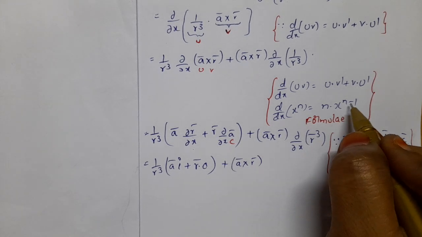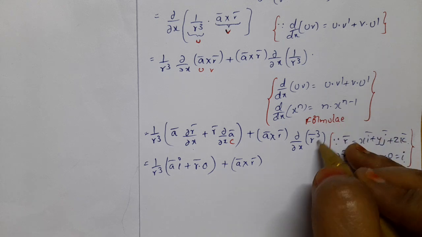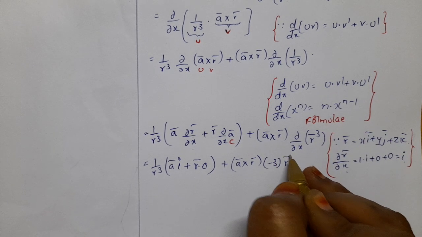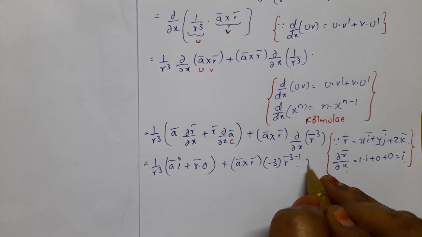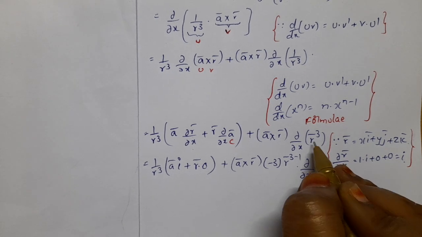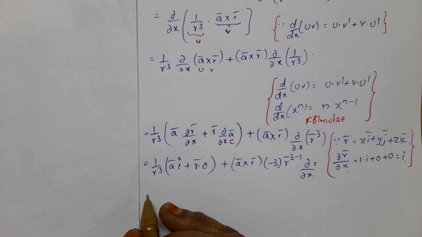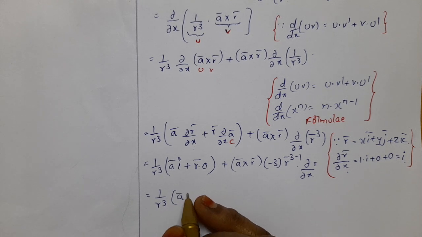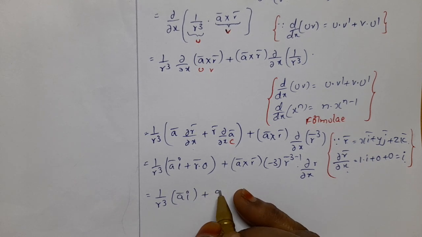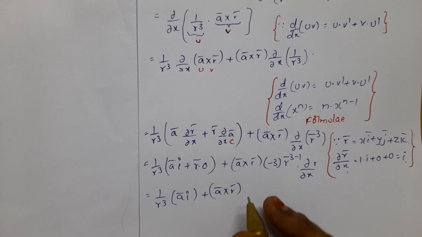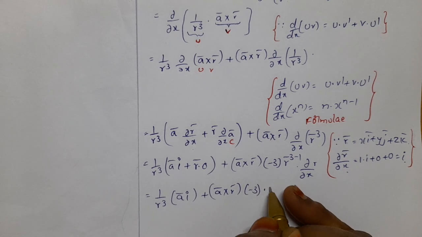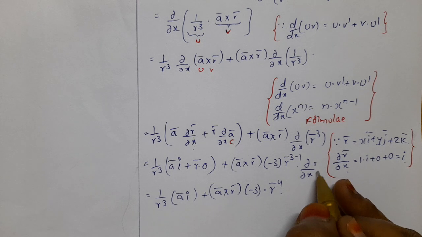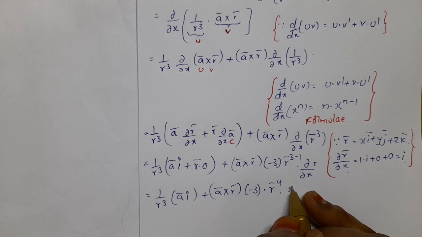Derivative of x power n is n into x power n minus 1. Apply this formula here: n into r power n minus 1 into derivative of r. So 1 by r cube a bar cross i plus a bar cross r bar into minus 3 r power minus 4. The partial derivative of r with respect to x is x by r.